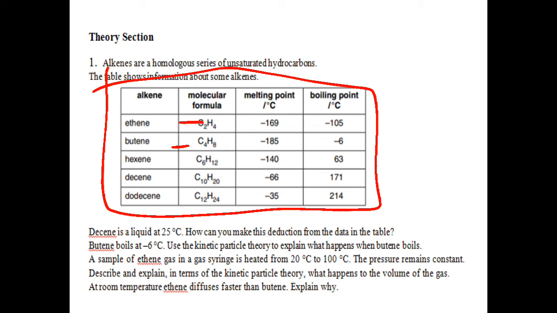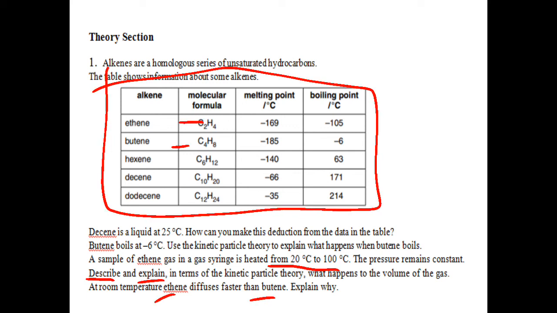Okay, and they are telling you that when you increase the temperature, how does it affect their movement rate? Or what is the effect of increase of temperature over the volumes of gases? You have to describe and explain this effect. Next is, at room temperature, ethene diffuses faster than butene.